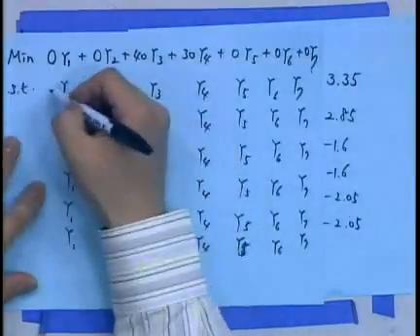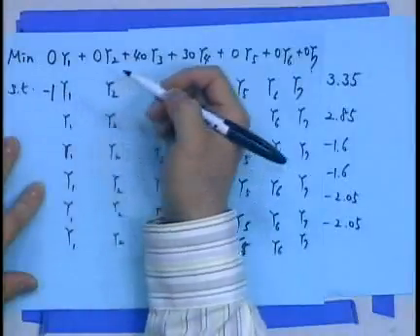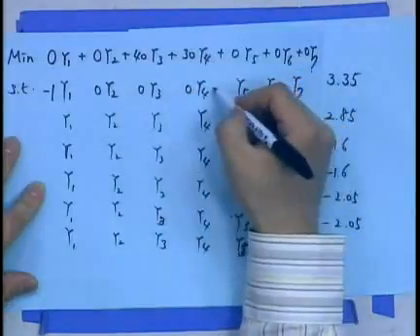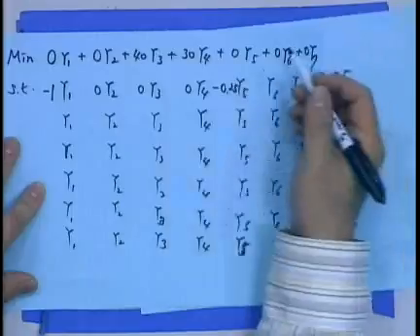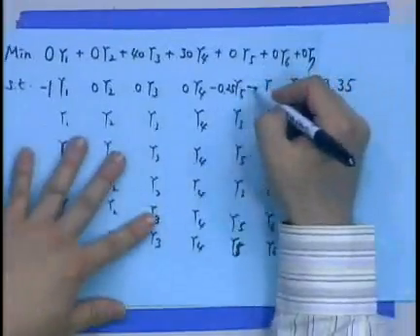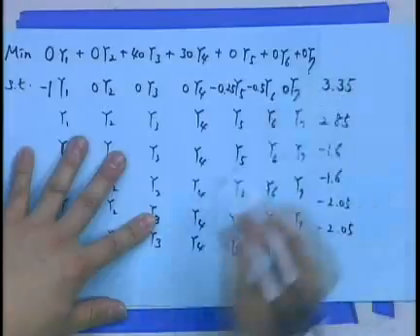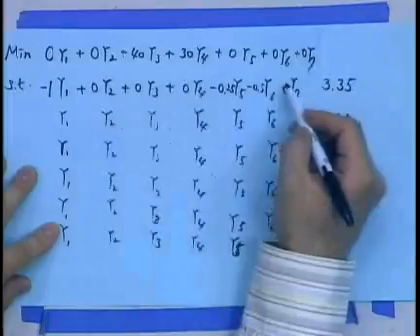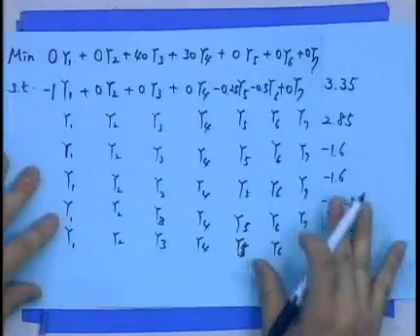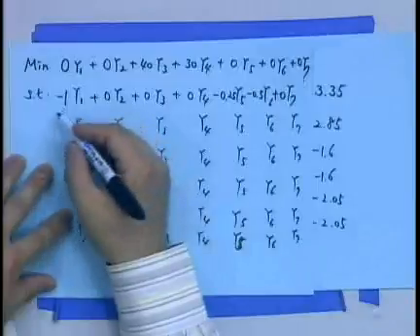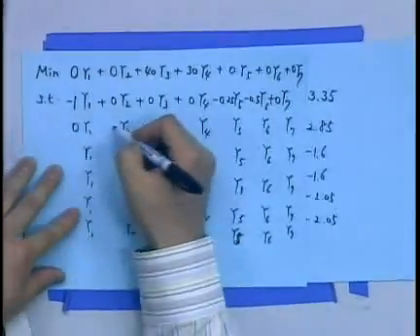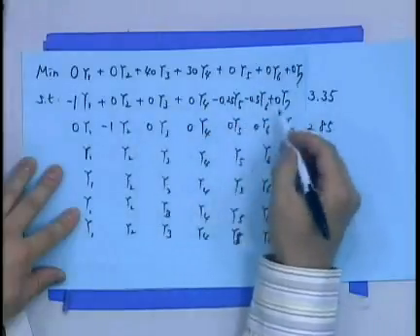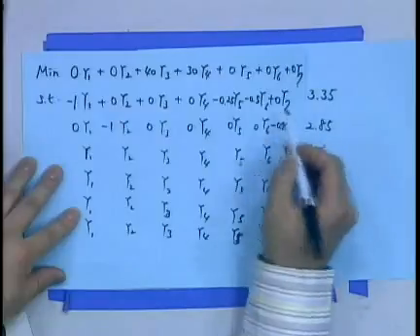It's going to be -1, 0, 0, 0, -0.25, -0.5, and 0. Okay? And the coefficients for the second constraint would be 0, -1, 0, 0, 0, 0, -0.75.